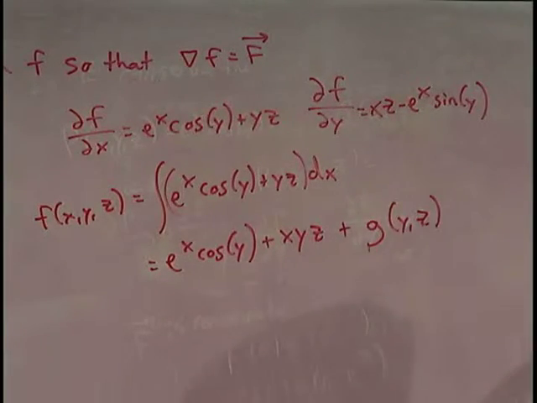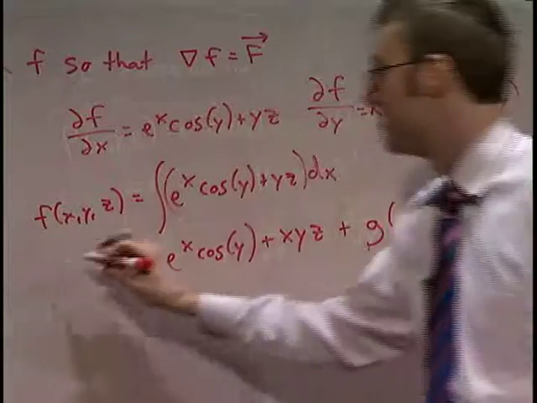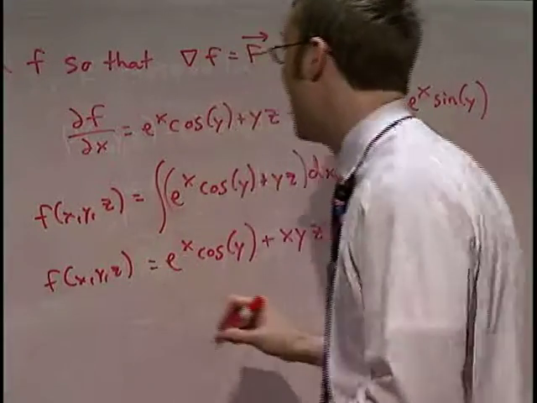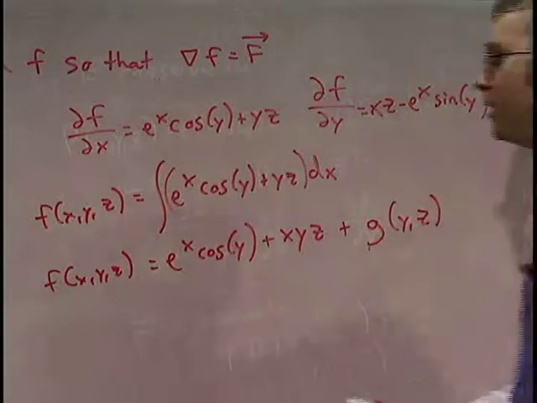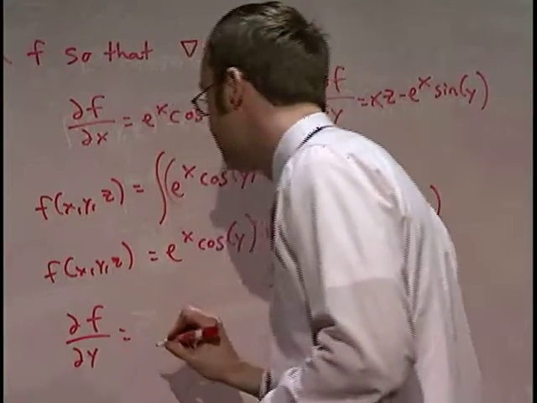So now, let's go ahead and differentiate both sides of this new equation. So this is f of x, y, z with respect to y, and then we'll get an expression in terms of y, and then we'll play from there. On the left-hand side, we have partial f partial y.